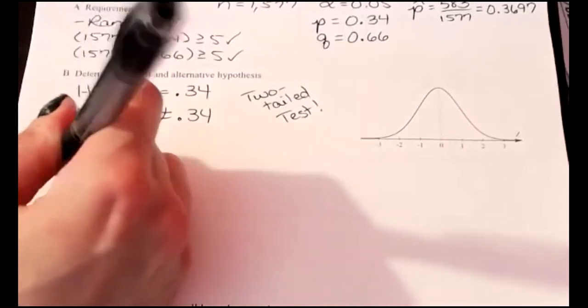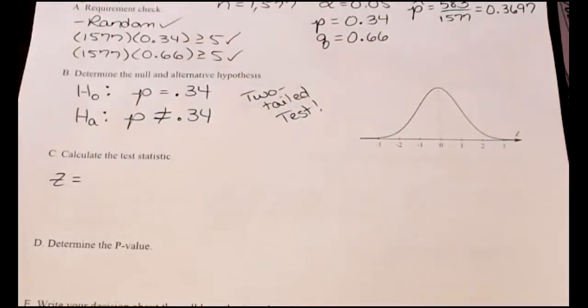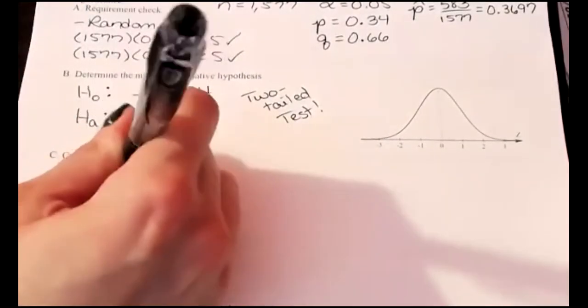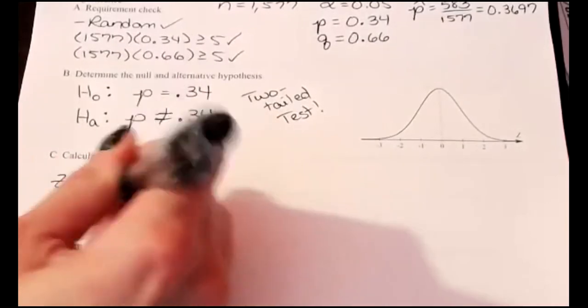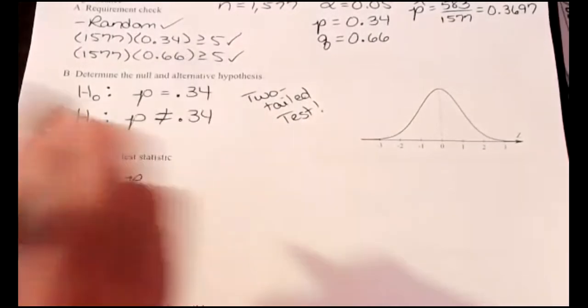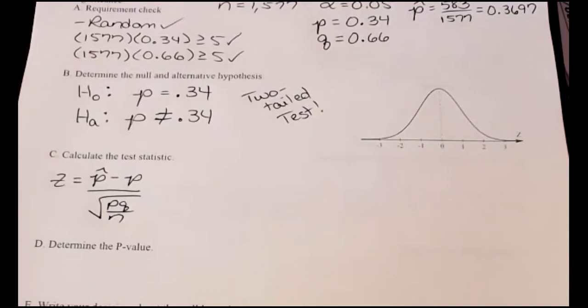So, okay, calculate the test statistic. I can write the formula down again. It doesn't hurt, and it's good to get into the habit of writing them down, so that every single time you're like, oh yeah, I remember that formula.